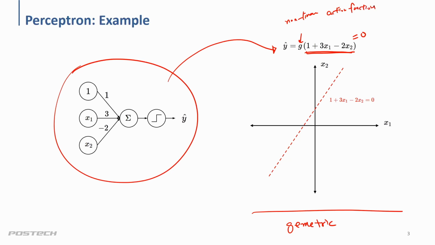In the perceptron case, again, it will be the sign function. Let's say this one is 1 plus something equal to 0, and we know that this is omega transpose X equal to 0, and omega and this boundary are orthogonal.